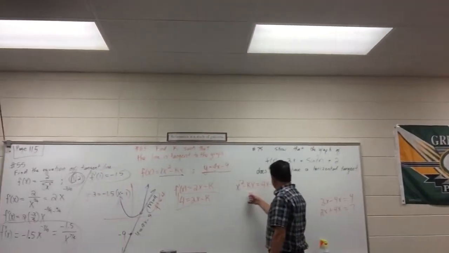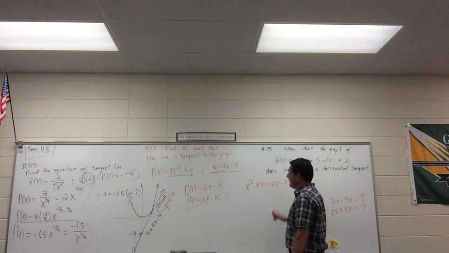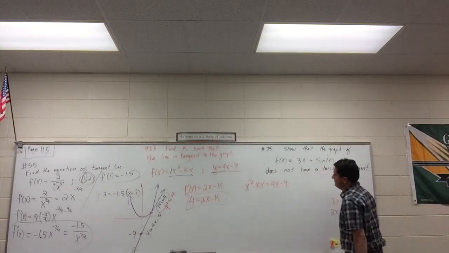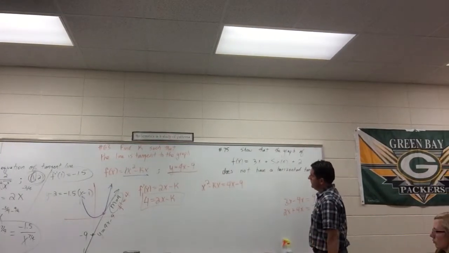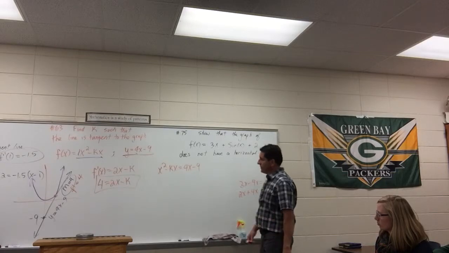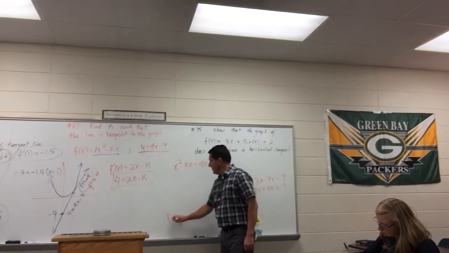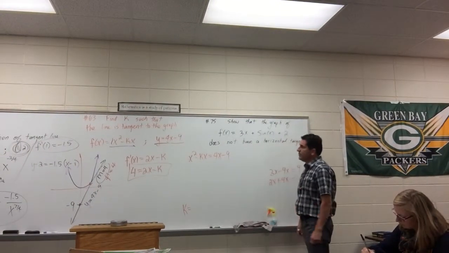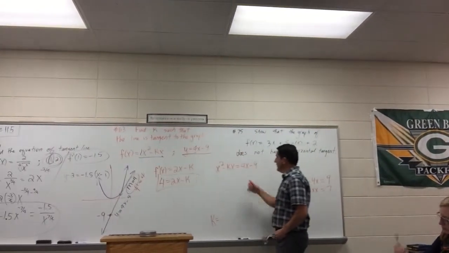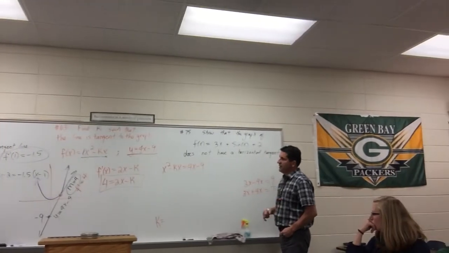So what we're going to do is, I don't know what I want to do here. We've got to solve for k. So what I'd probably do is solve one of these for x or y, or k, and then plug it into the other one.